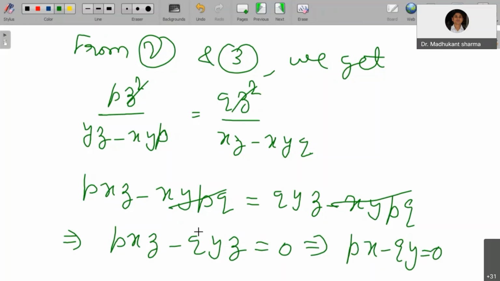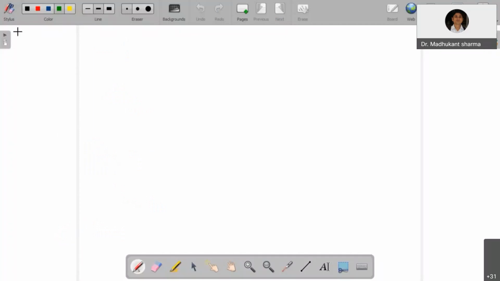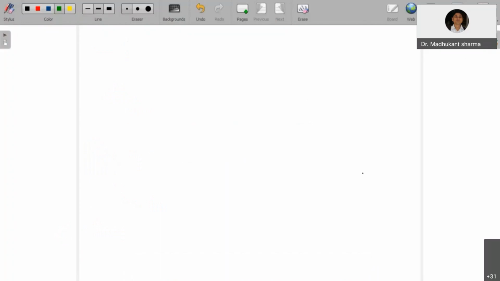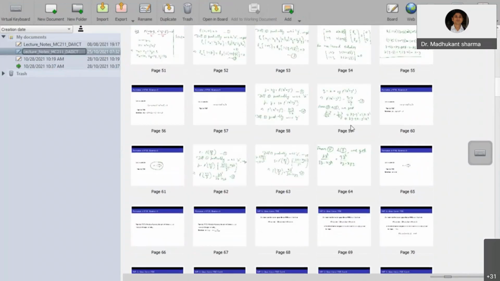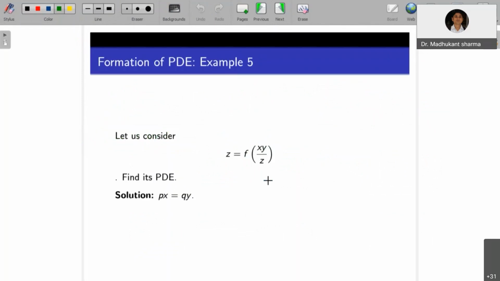You are interested in a non-trivial one. So you have finally px equals q.